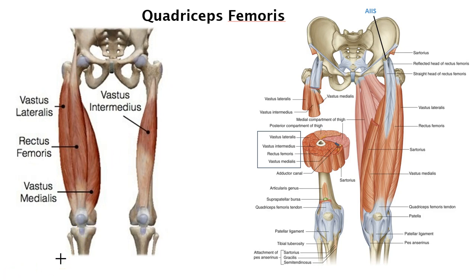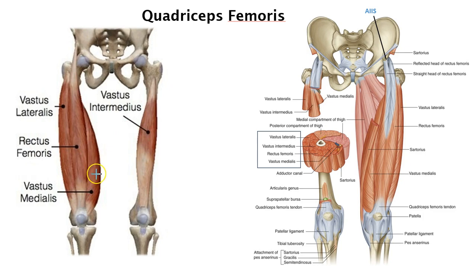Recall that the patella helps to enhance the mechanics or torque that the quadriceps apply at the knee to extend it. The other 3 muscles of the quadriceps are the vastus medialis, the vastus lateralis, and underneath this rectus femoris, if we pull this rectus femoris away, we see that there is another muscle called the vastus intermedius.